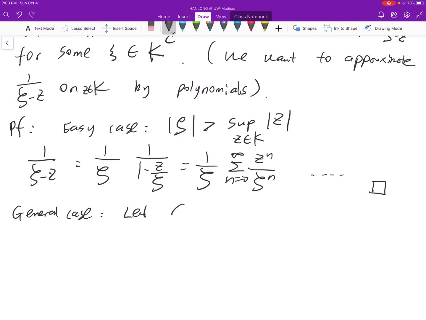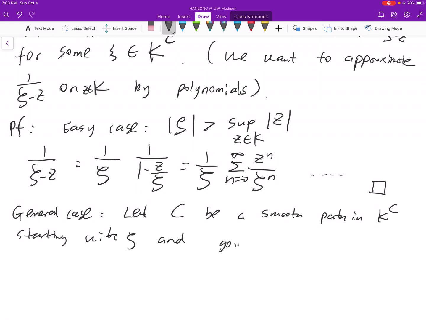So let C be a smooth path in K^c starting with x_c and going out all the way infinitely.